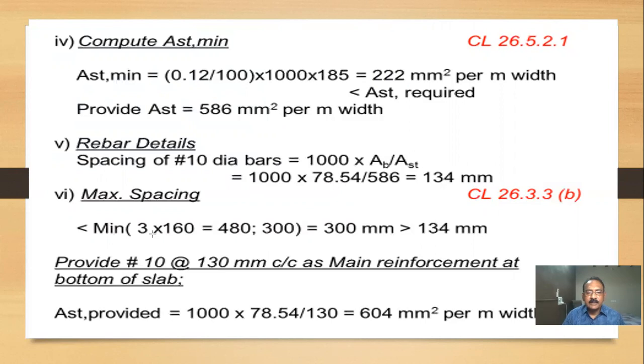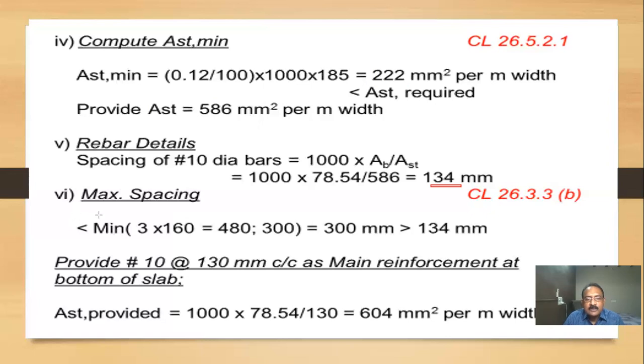Why? Because here it is useful. One is 3D, that is 3 into 160, 480 mm, or 300 mm. And our design is 134 mm. Whichever is less, we have to consider as the spacing. That is the spacing of our reinforcement, maximum reinforcement.